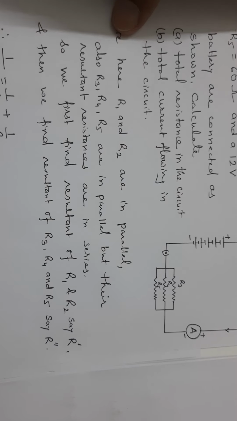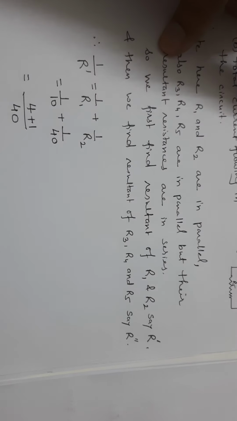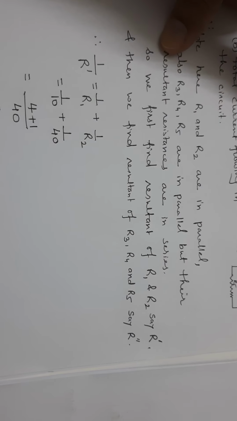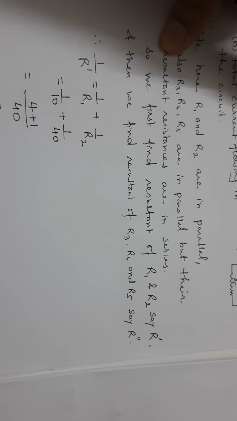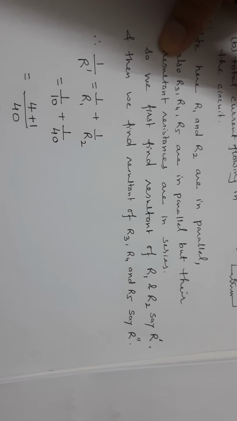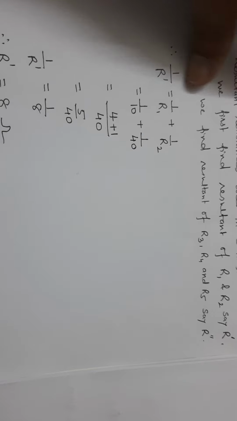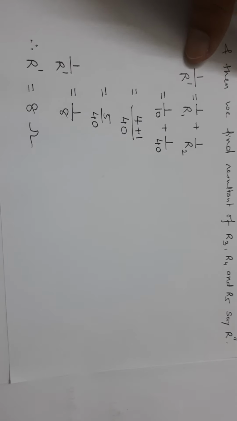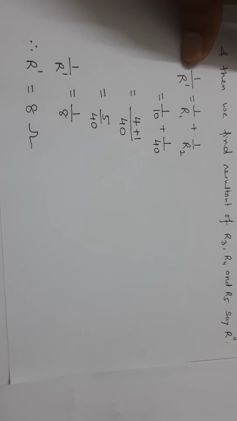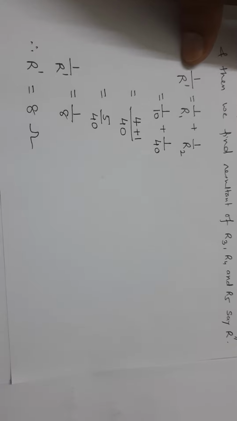So let's first find 1 upon R dash, that is 1 upon R1 plus 1 upon R2. So it is equal to 1 upon 10 plus 1 upon 40. 40 is the LCM. So we have 4 plus 1 upon 40, so 5 upon 40, and 5 upon 40 is 1 upon 8. So 1 upon R dash is 1 upon 8. Therefore R dash is going to be 8 ohm. So we have got the resultant resistance of R1 and R2 as 8 ohm.